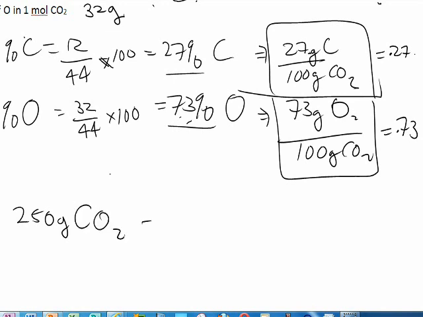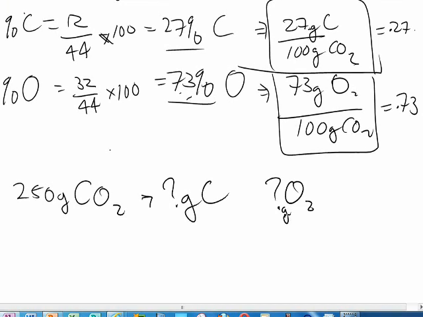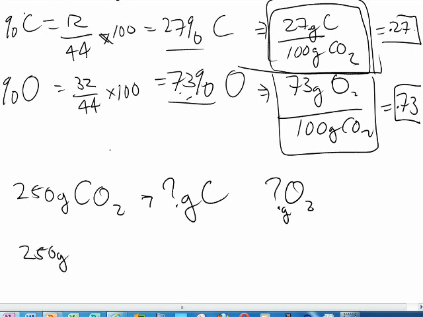We can ask the question, how many grams of carbon and how many grams of oxygen would this be? Well, we can just use either this ratio or just this, to find out that question. So we just start with 250 grams of carbon dioxide.